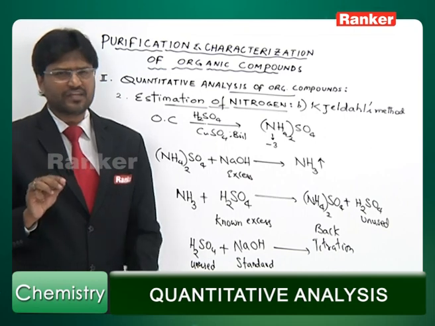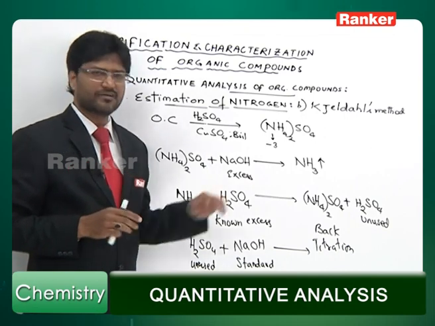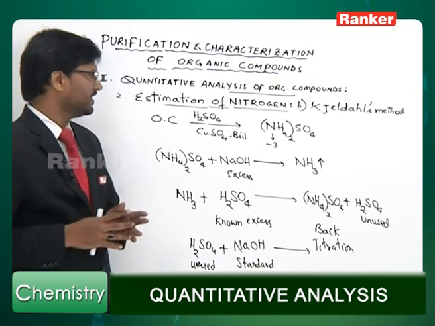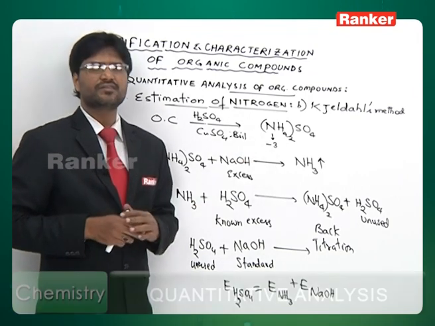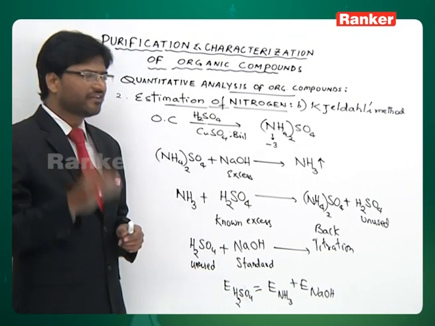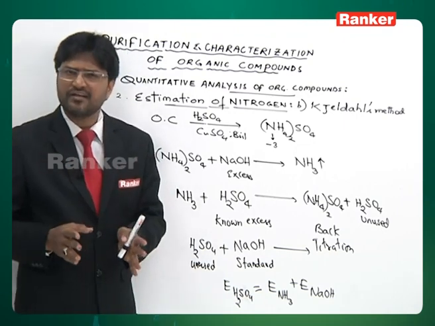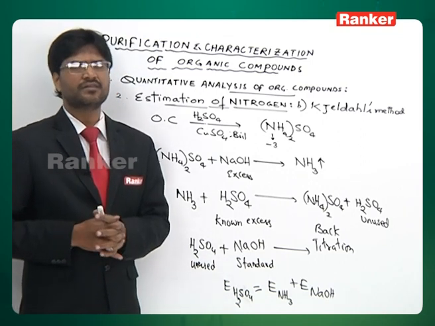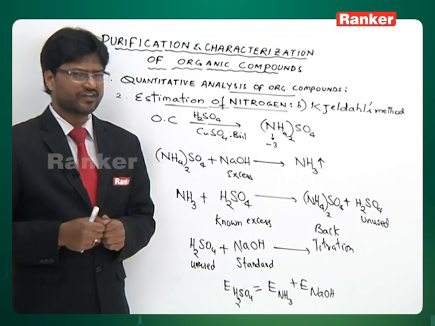So one thing becomes very clear here, that any organic compound in which nitrogen is in its -3 oxidation state only can give this type of reaction. That means this estimation works well if nitrogen in the organic compound is in -3 oxidation state.